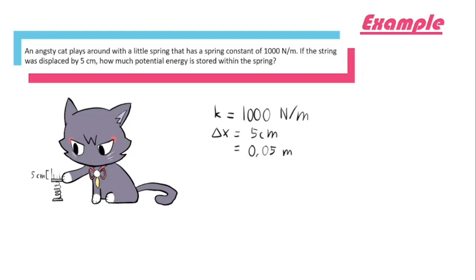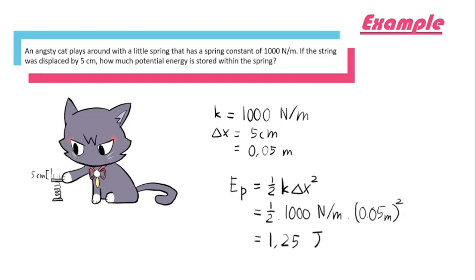We know these variables here. We're just going to change the 5 centimeters to 0.05 meters for consistency, and we're just going to use the equation we got from before, and it equates to around 1.25 joules.